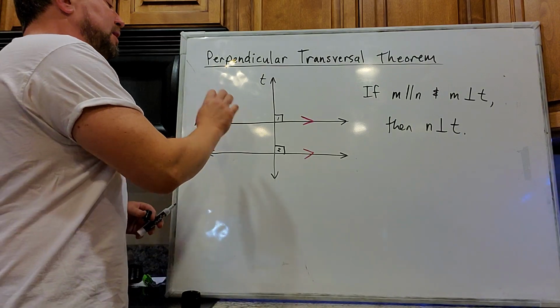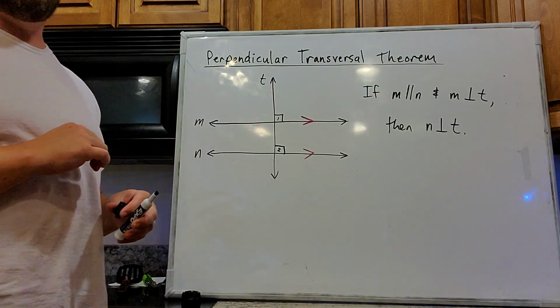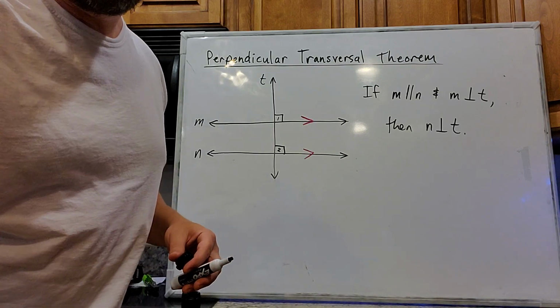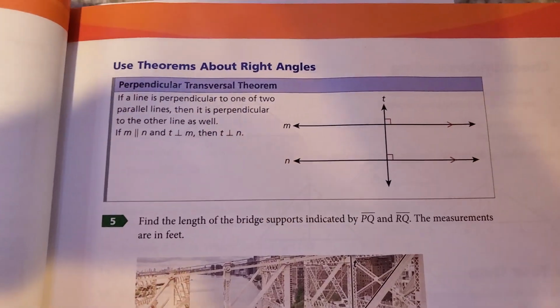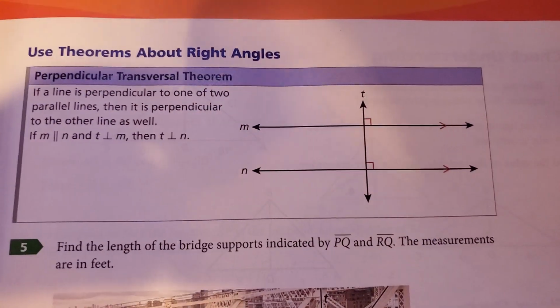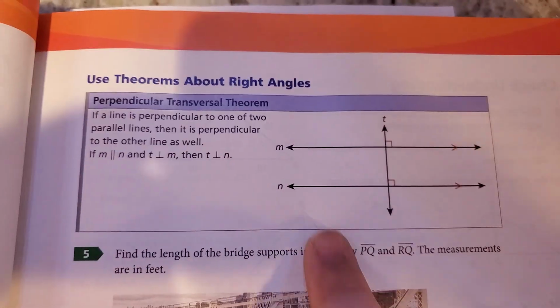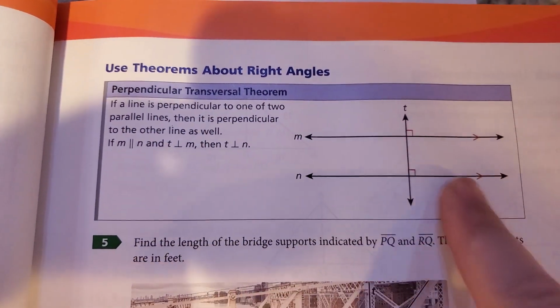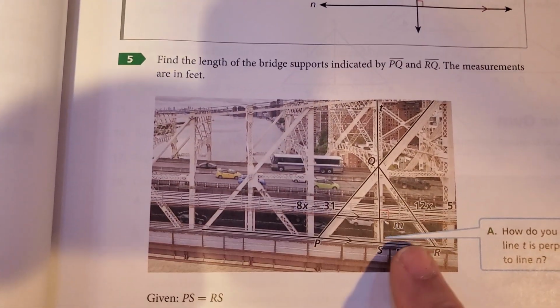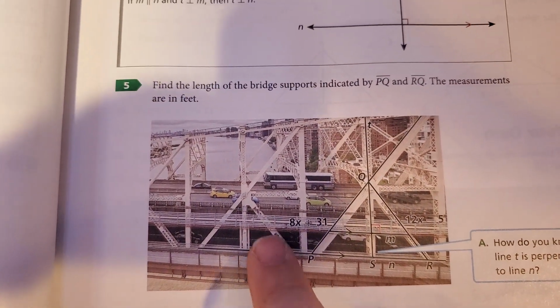Okay, let's put this idea to work in a problem here yet as well. So give me a sec, I'm going to set it up. As I had just mentioned, I just covered this perpendicular transversal theorem. And then in the textbook, they got a problem right below it here.